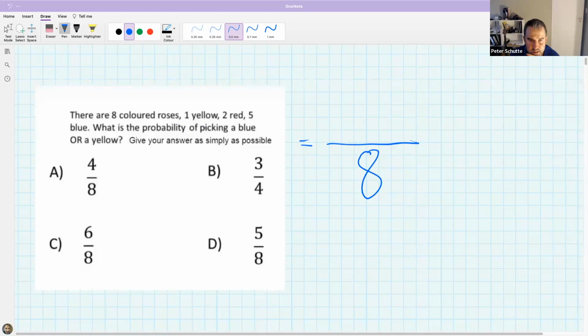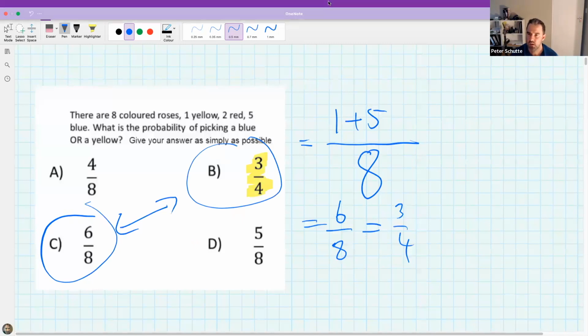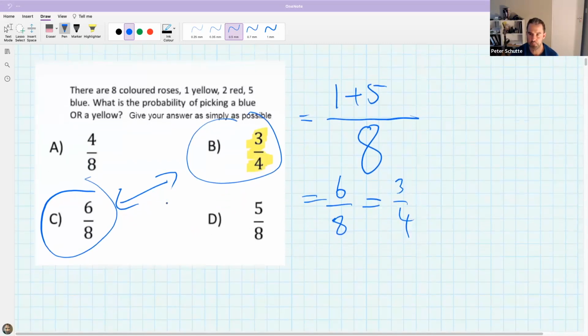What's the probability of picking a blue or a yellow? Yellow is 1, blue is 5, which gives us 6 out of 8. But it says leave it as simple as possible. Both of these are correct, but given that the question says as simple as possible, the simpler one is the answer. It's just a sneaky thing that says leave it as simple as possible. Okay, that's the warm-up done.